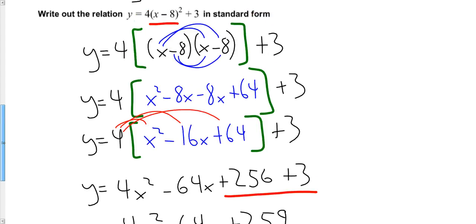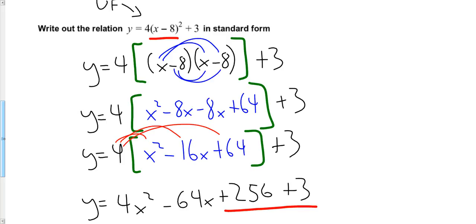Let me quickly talk my way through this again. In step number 1, we expanded out the binomial that we saw in the original equation, that x minus 8 all squared. We expanded that out to be x minus 8 times x minus 8 in these green brackets in the middle. Then we used our FOIL pattern and expanded that out further.